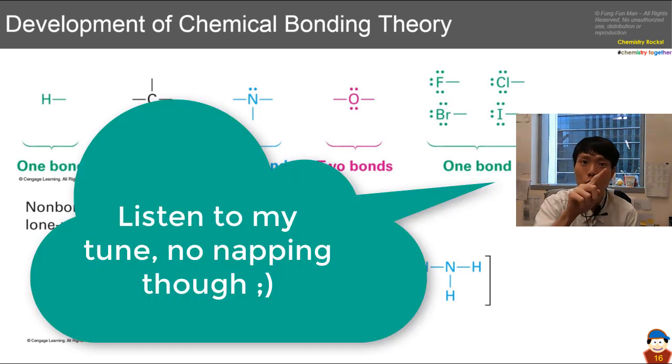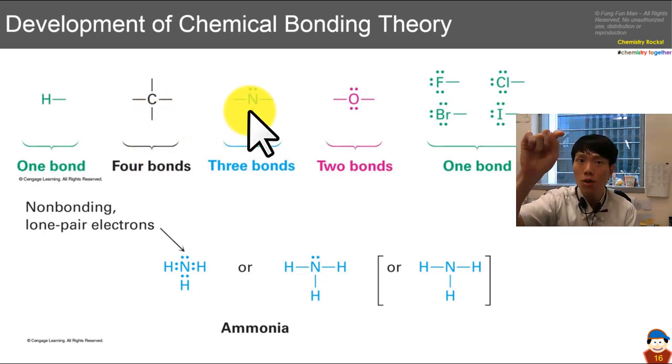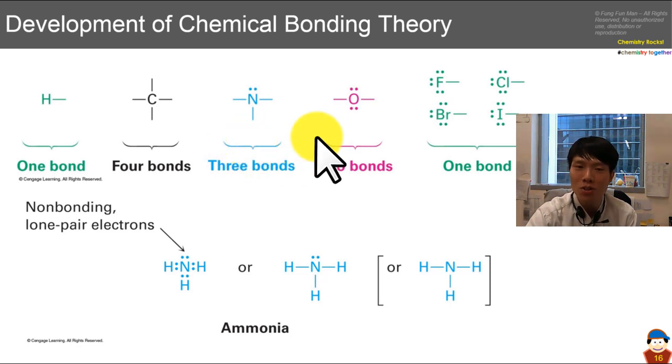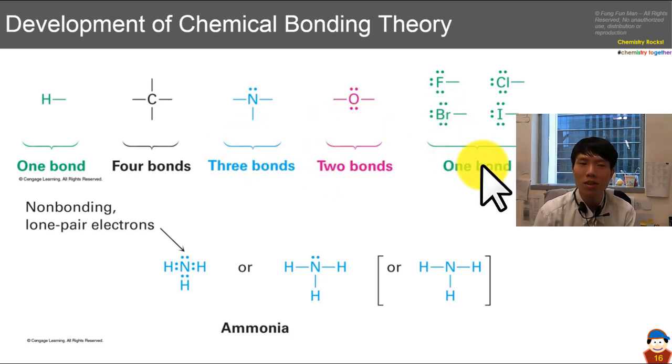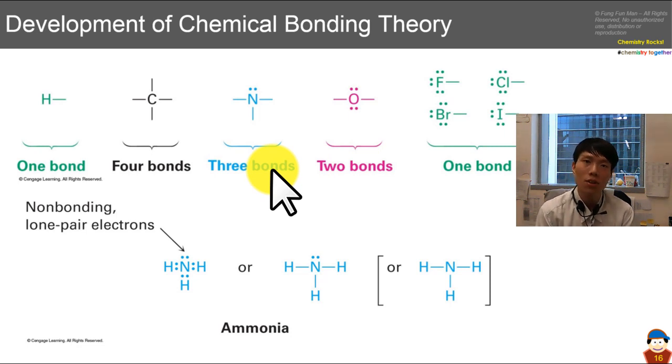So 1, 2, 3, 4, 3, 2, 1. If you can imagine it this way, that'd be great. So this is group 1, 1 bond, group 4 forms 4 bonds, group 5, 4, 3, 2, 1. So 3 bonds, 2 bonds, and 1 bond, because they only need that number of electrons to have a noble gas configuration.